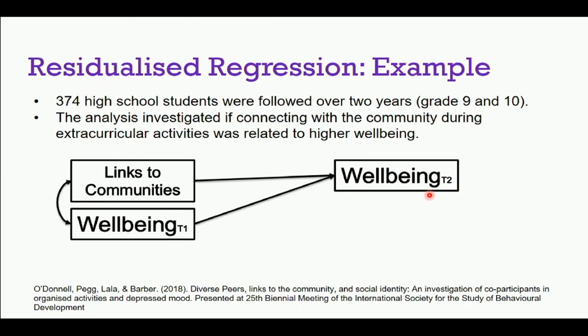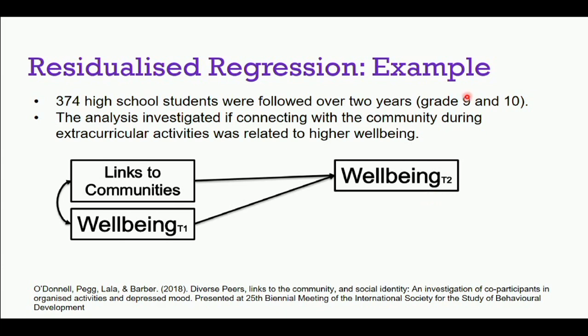But I still couldn't establish temporal precedence, even though it was predicting into the future, because we'd have to eliminate a hypothesis. And that rival hypothesis is that children with good well-being stay good, and the people in our sample might already have had that level of well-being.